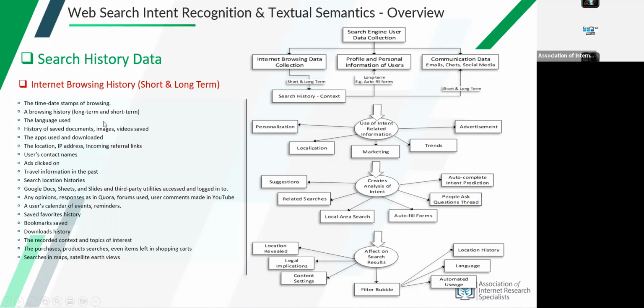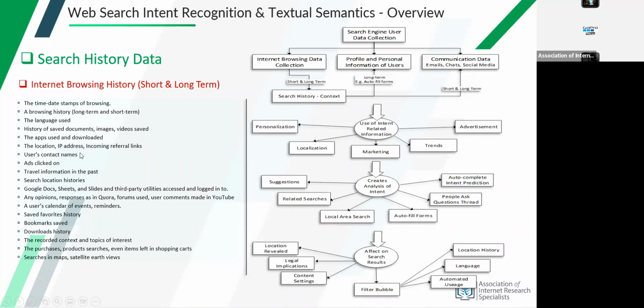History of saved documents, images, videos, so it knows from the multimedia perspective what you've been collecting, the apps you have downloaded, the location, IP address, incoming referral links. These are all itemized. You can read through them.